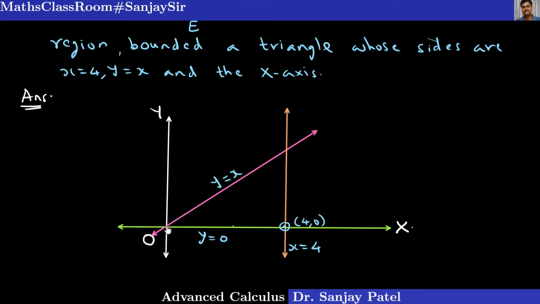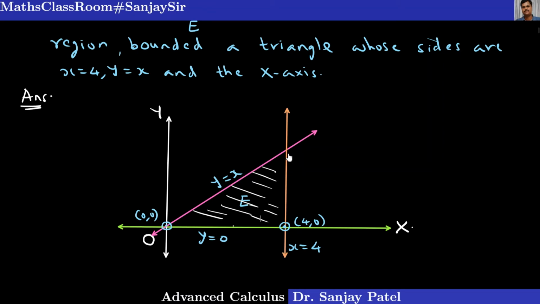This point is 0 comma 0. Okay, and our region of integration is this region, which is, say, bounded by these 3 lines.